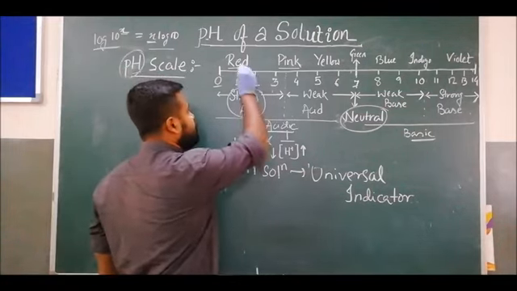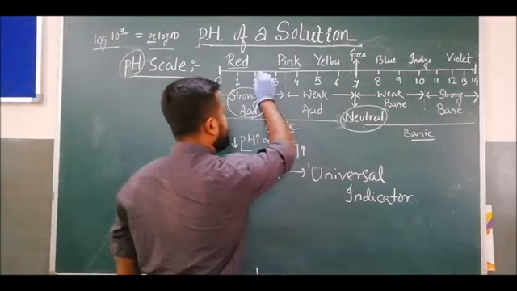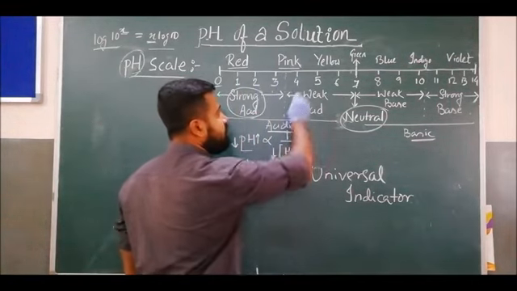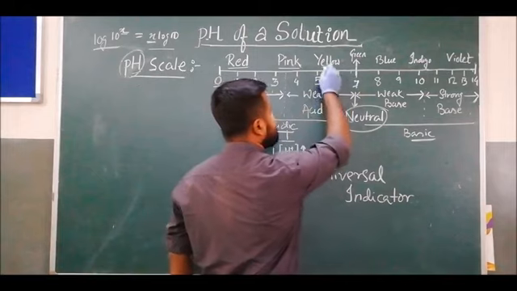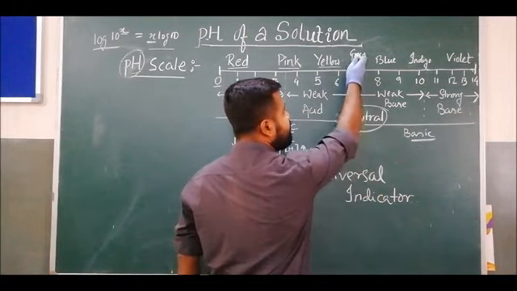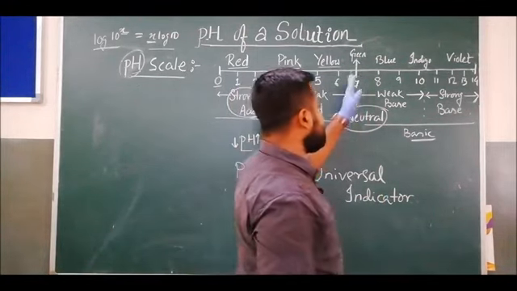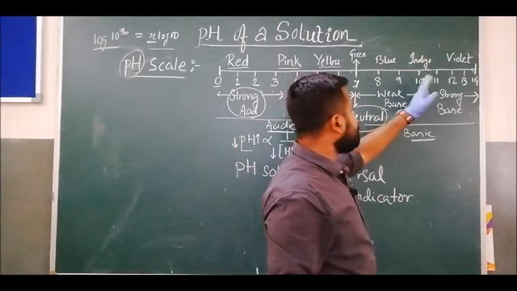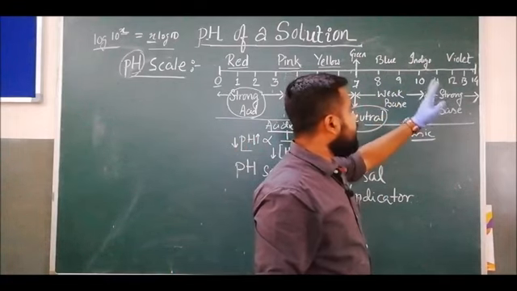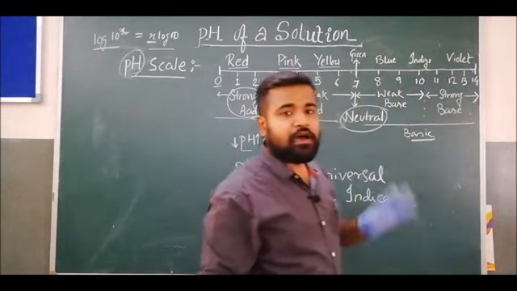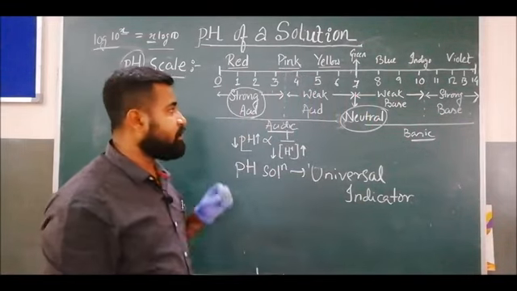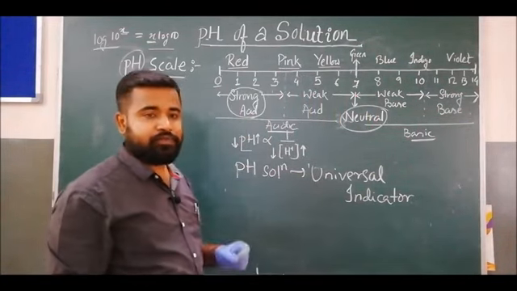So 0 to 2 red, above 2 and less than 4 pink, then above 4 and less than 7 is yellow, at 7 it will exactly give green color, then 7 to 9 blue, 9 to 11 indigo, and greater than 11 it is violet color.